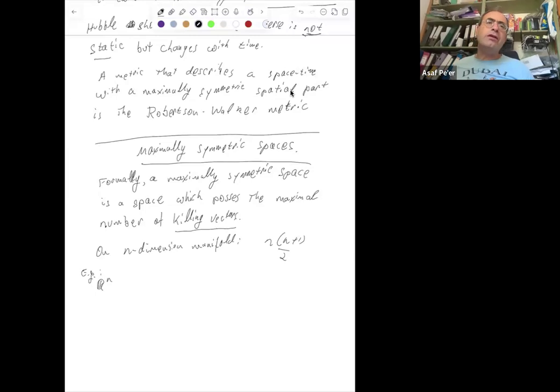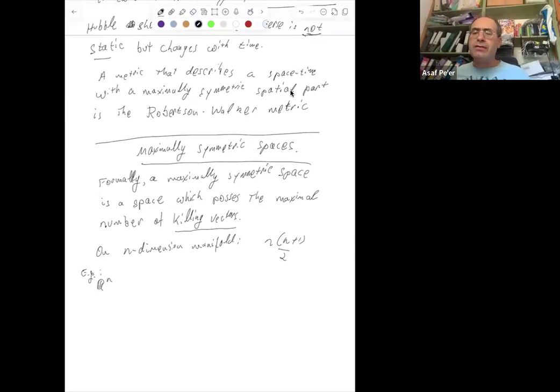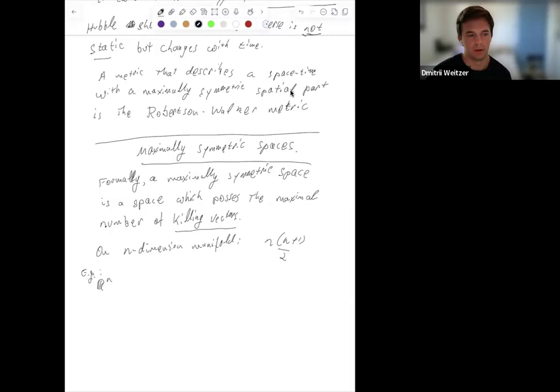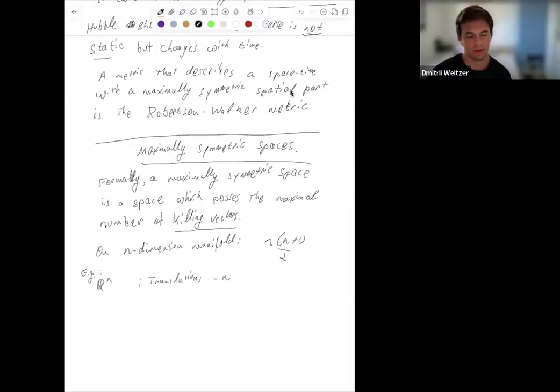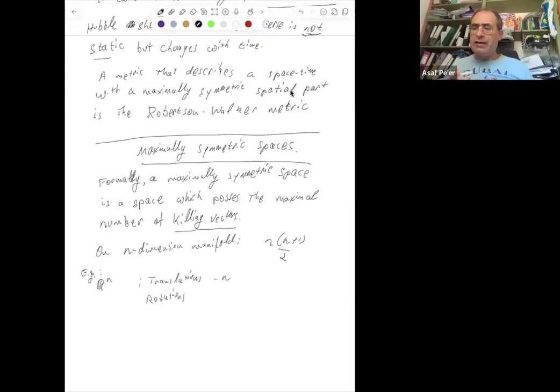I mean, what do the Killing vectors represent, right? We have n translations and rotations. Translations, obviously, are n: I can go in n directions. And rotations, I have n times (n minus 1) over 2.